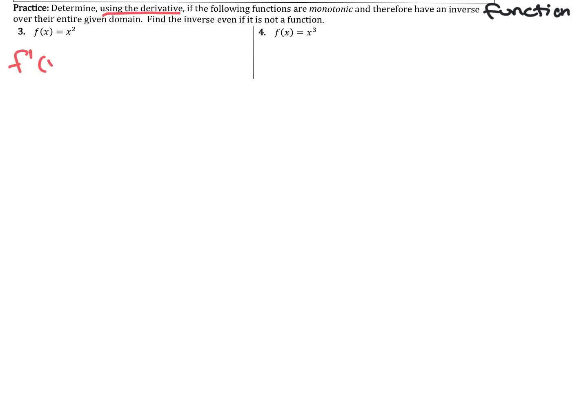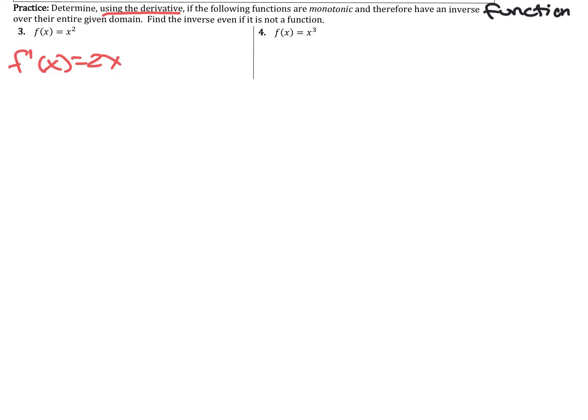If I take the derivative here, I get 2x. The question that you're asking yourself is, does the derivative ever change sign? If the derivative is always positive or always negative, then that means that the original function is monotonic because it's never changing behavior. So ask yourself, if I plug in a negative number, what type of number do I get?